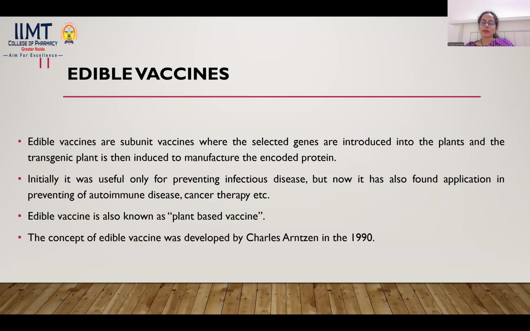The concept of edible vaccine was developed by Charles Arntzen in 1990. Edible vaccines may offer many benefits over traditional vaccines due to the lower manufacturing cost and the lack of negative side effects. They are easy to administer, easy to store, a readily acceptable delivery system for different age group patients, yet cost effective.